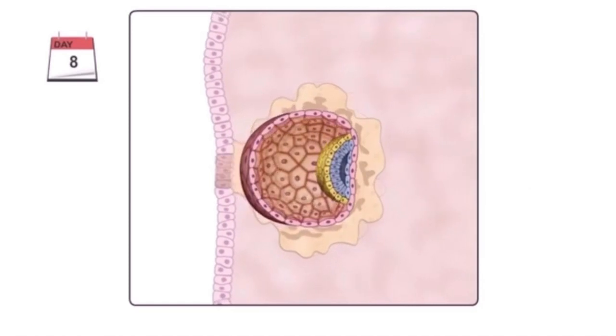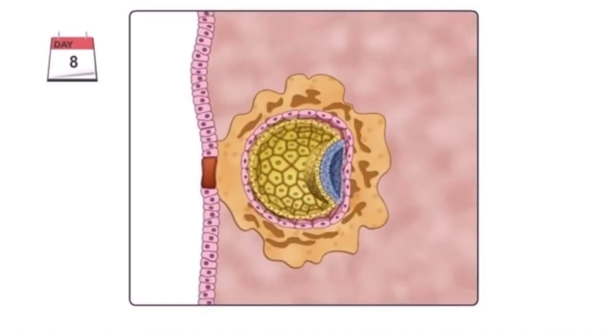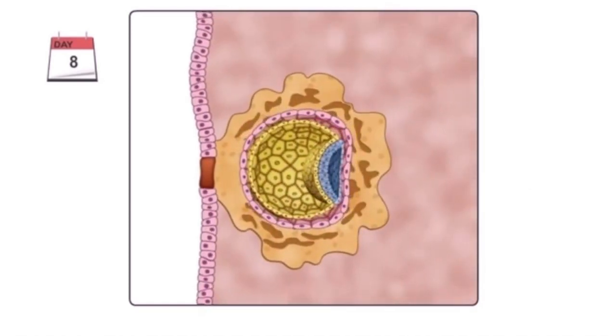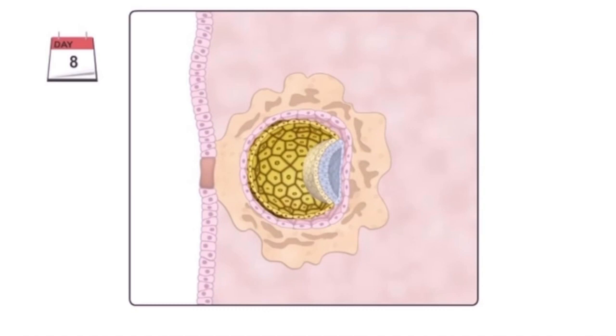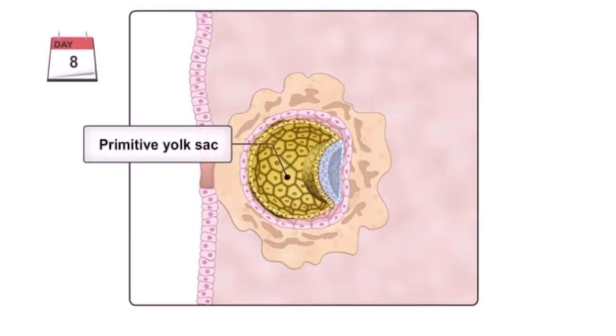Cells originating from the hypoblast begin to migrate, forming a thin membrane, which covers the inner surface of the cytotrophoblast. This is called the exocelomic membrane. The exocelomic membrane and cells of the hypoblast together form the walls of the primitive yolk sac.